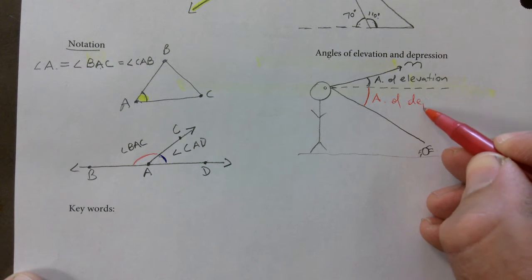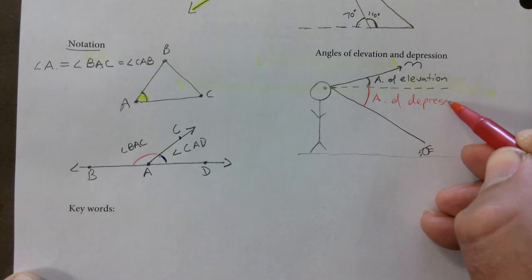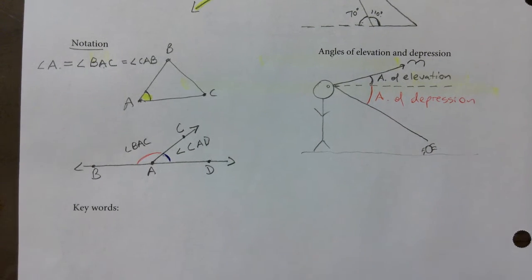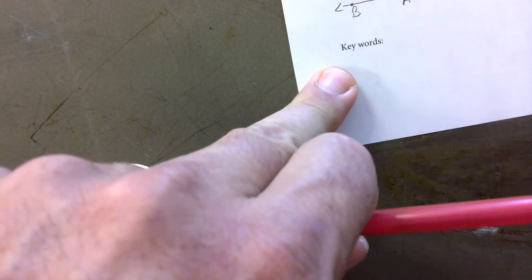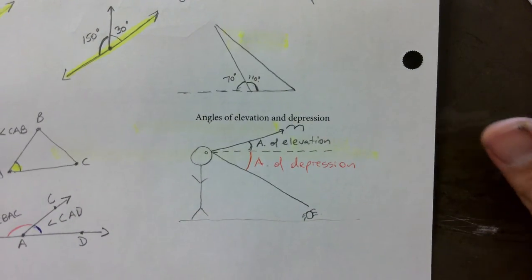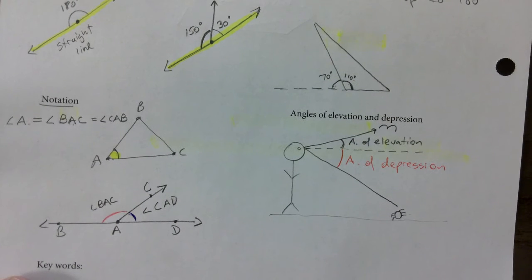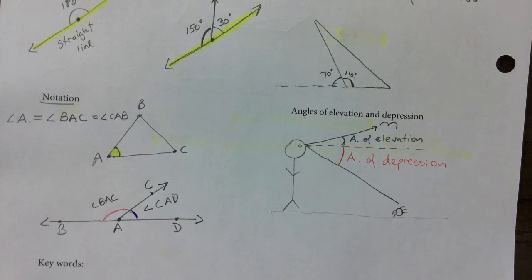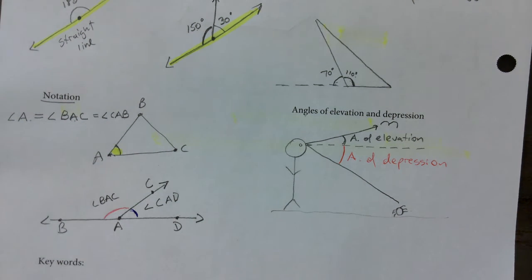I want to know if you heard of it, right? That's all. Angle of depression. There's the angle of depression. Okay. And I'm just going to give you an example where angle of depression would be wrong.